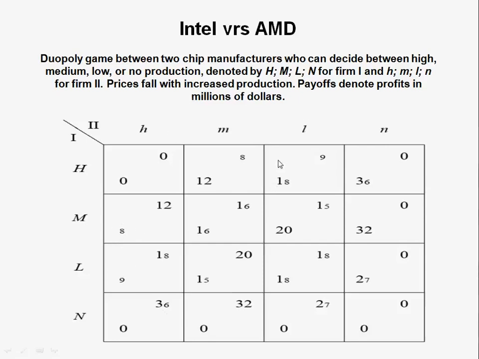What this game tells us is that in any game you can have more than 2 players, but right now we are restricting our game to just 2 players, though the choices or actions can be more than 2. So this is an example of a 2-player game, and it's a normal or strategic form game.